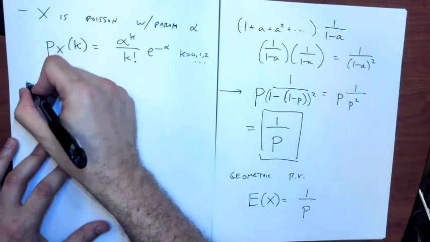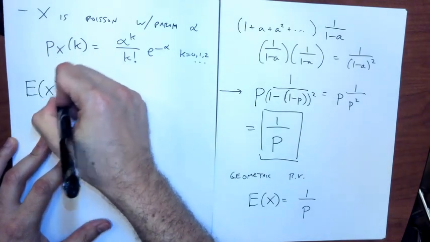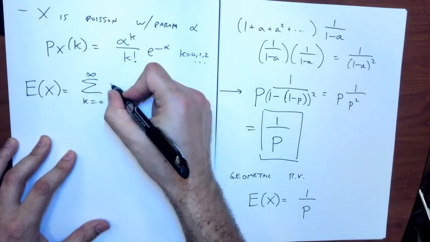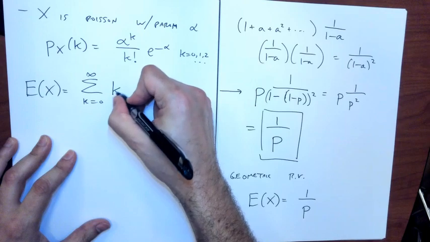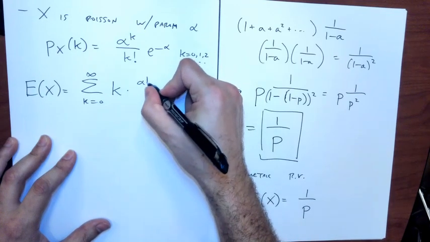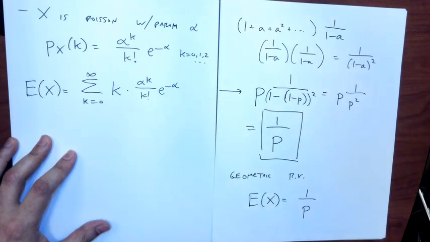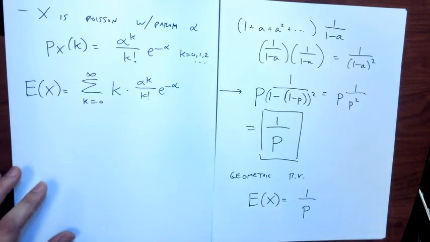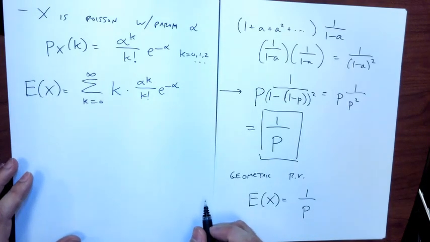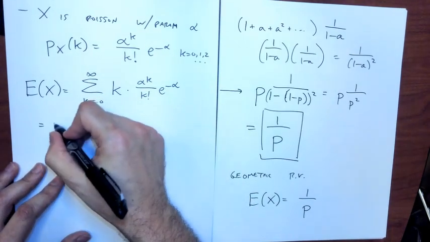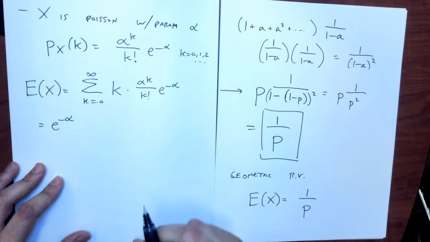So what's my expected value of this? Expected value of x is the sum from k equals 0 to infinity of the value that I could get times the probability that I get that value. Now again, this doesn't really look like a lot of fun, but I can take an e to the minus alpha out.